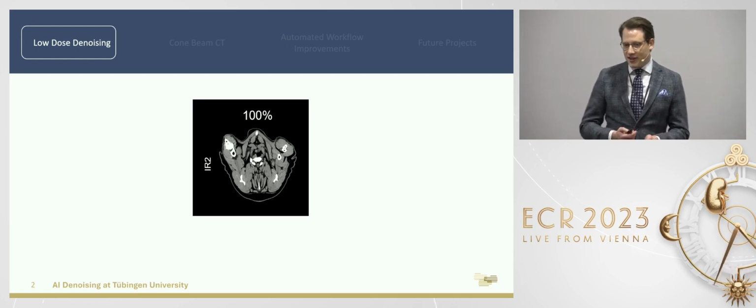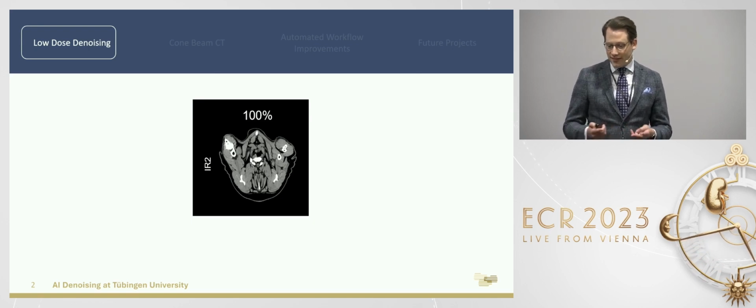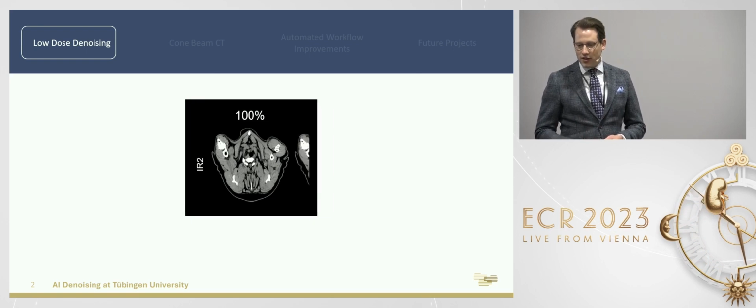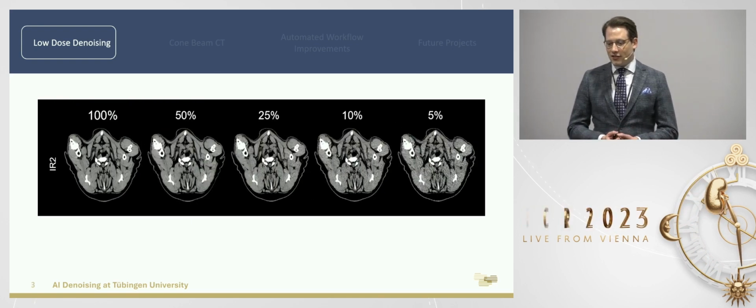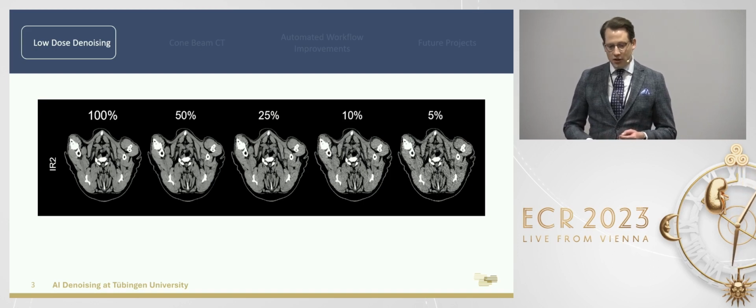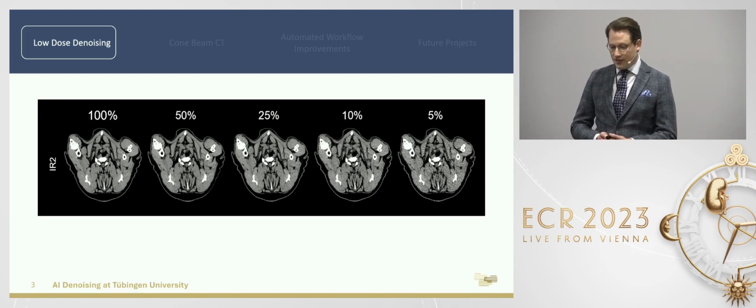And if you want to see it, you have to take detours over phantom studies, or in this case, what we did here, this is an animal study with pigs, where we scanned consecutively low-dose spirals, so we could really see the quality loss in CT when reducing radiation dose.